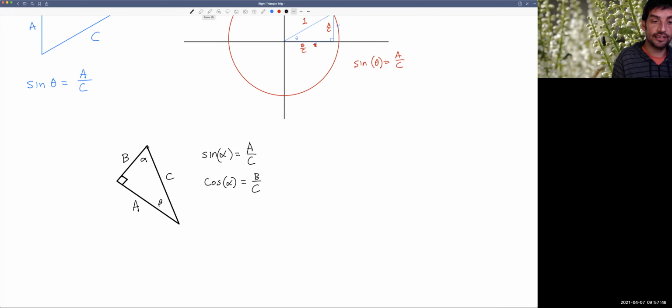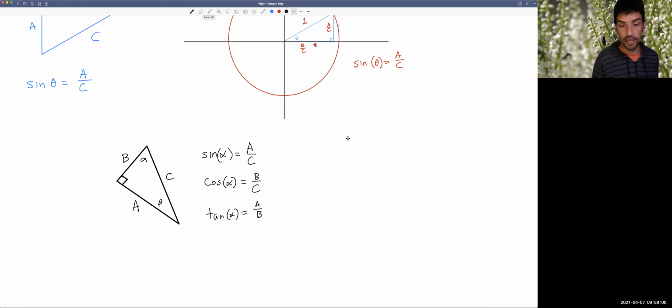Again, the adjacent side to alpha is the side next to it, or that contains it, or that helps define it, but not the hypotenuse. And then tangent of alpha will be A over B. Okay, let's do the cosine of beta.